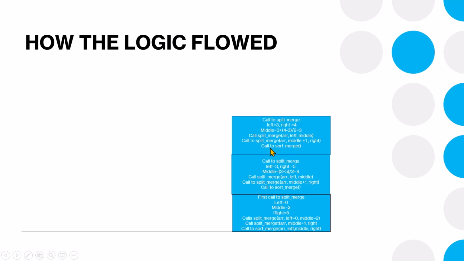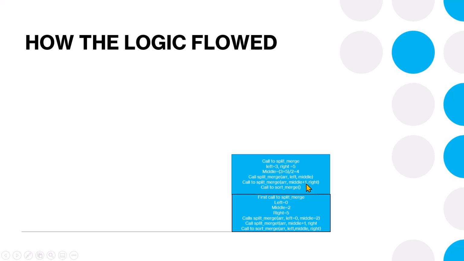We come back here and we call sort merge. After we call sort merge, we exit this instance and control comes to this point where we call split merge with array, middle plus 1, which is 4 plus 1, and right, which is 5.